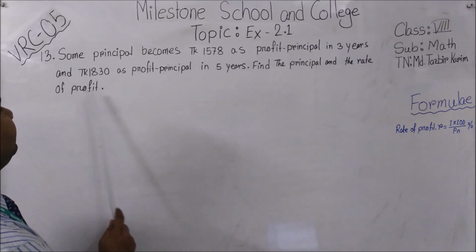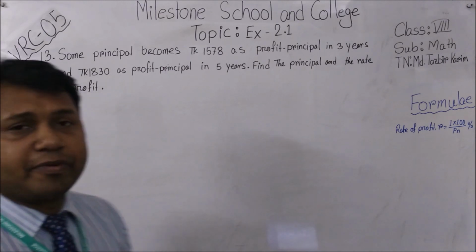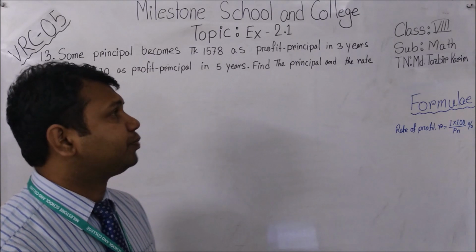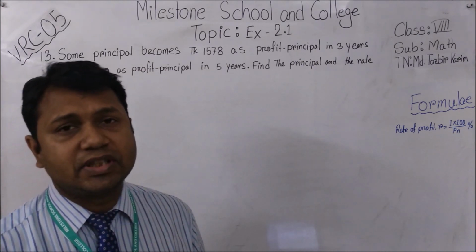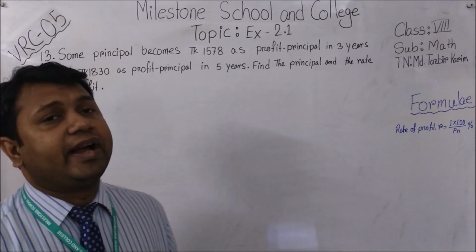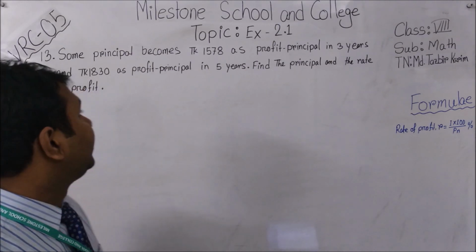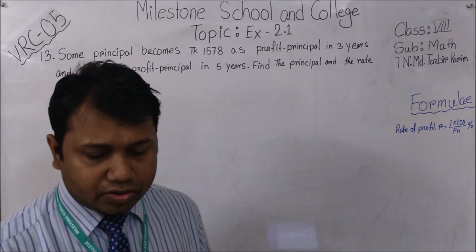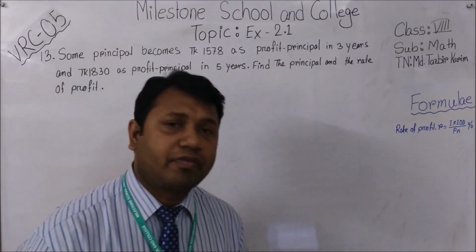Find the principal and the rate of profit. So there are two things we have to find out, and the given information is the principal plus profit at two different times. One is 3 years, that is 1578, and for 5 years it is 1830 taka. So from that we have to find out.